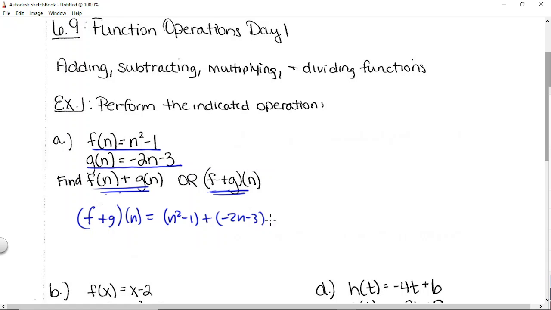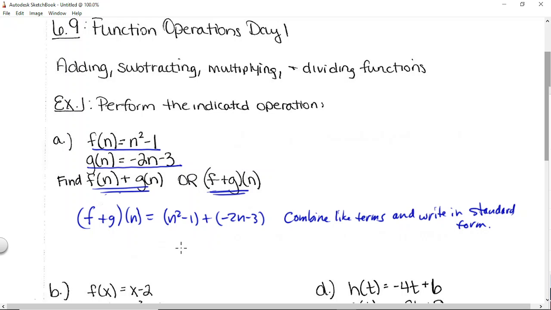Okay, so to do this, we're going to combine like terms, and we write them in standard form. Anytime you have a polynomial, it's customary to write it in standard form.